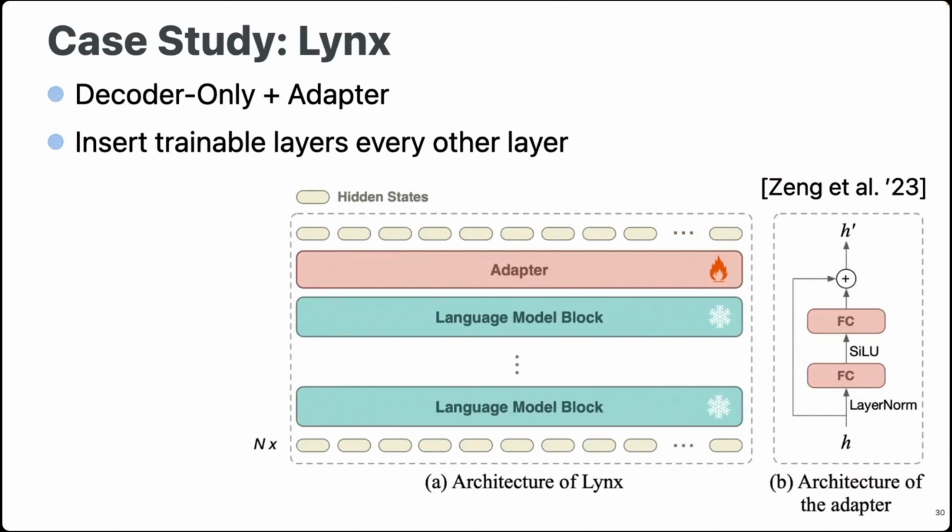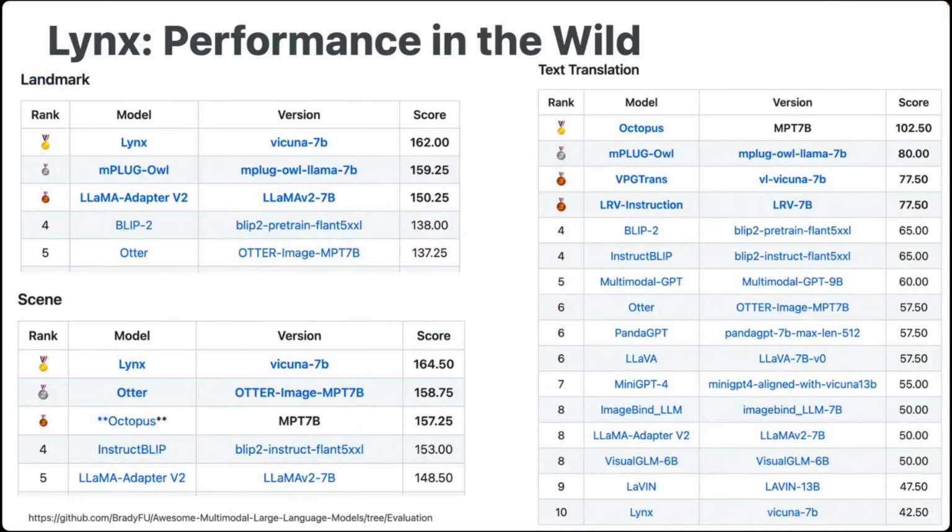But nothing special after that. Everything is quite traditional. If we look at the results, it's quite surprising when I look at the leaderboard. You can see Lynx is at the top of the leaderboard for lots of tasks, but for some tasks, for example text translation, it is at the bottom of the leaderboard.